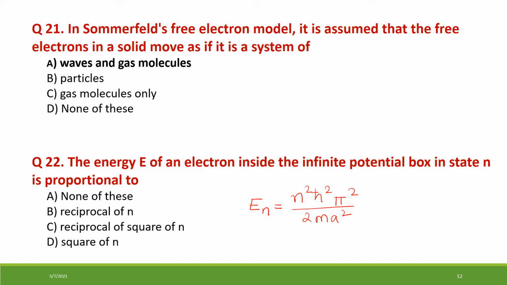So this is the formula of energy of electron inside the infinite potential box. Here we can say that the energy E_n is proportional to the square of n. So the option is D, square of n.